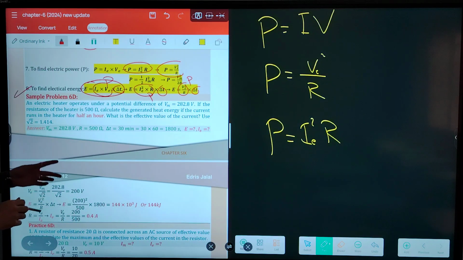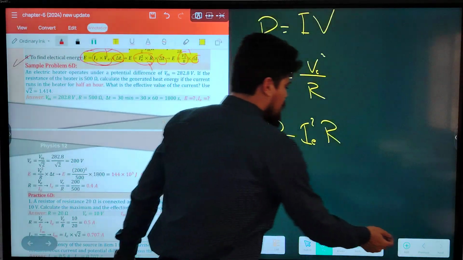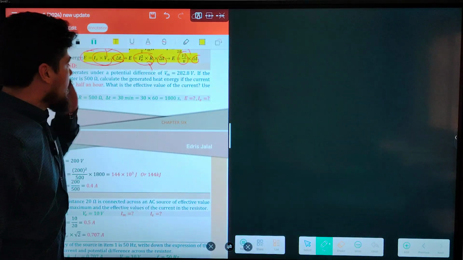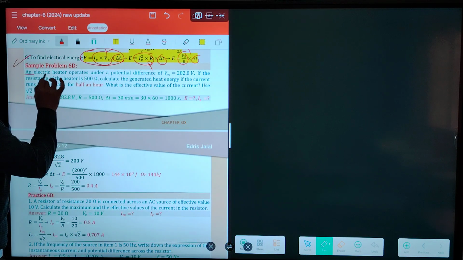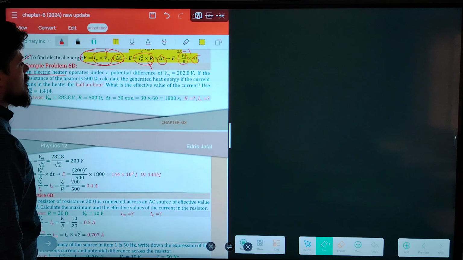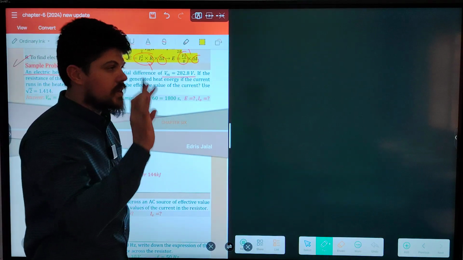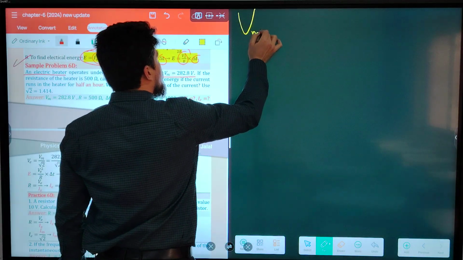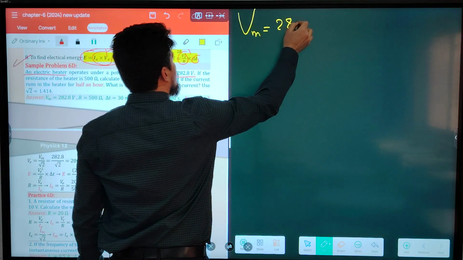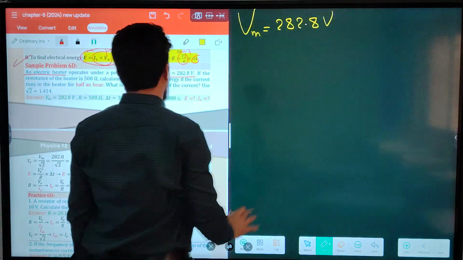Look at sample problem 6D about the pure resistance AC circuit. The sample problem says an electric heater operates under a potential difference Vm. What is this? Maximum potential difference, Vm, 282.8 volt.